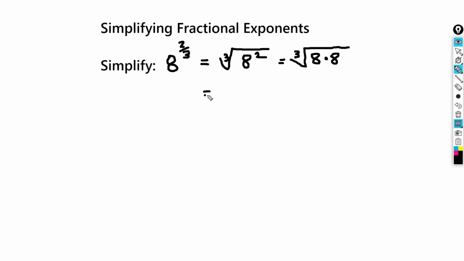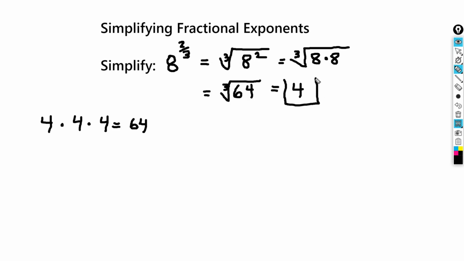Well, 8 times 8 is 64, so this is the cube root of 64. Now, interestingly, if we do 4 times 4 times 4, and I think we saw this in a previous example, we get 64. So therefore, the cube root of 64 is just plain old 4. And we've simplified this exponential expression.